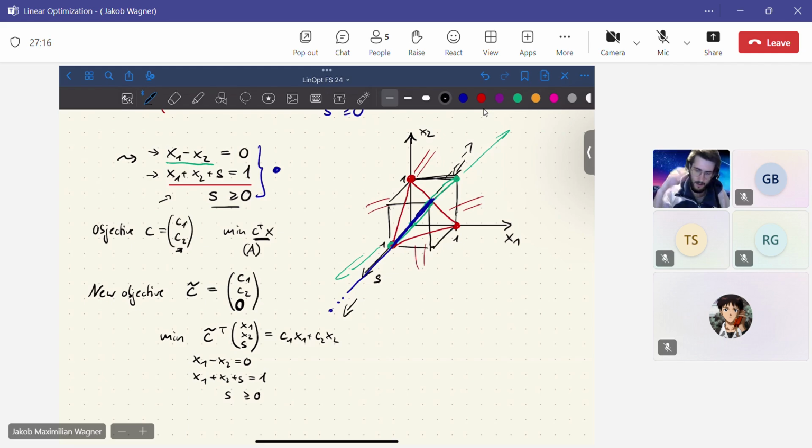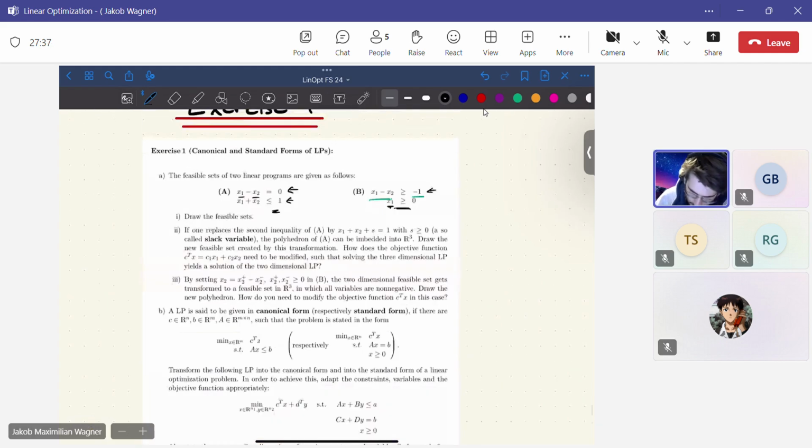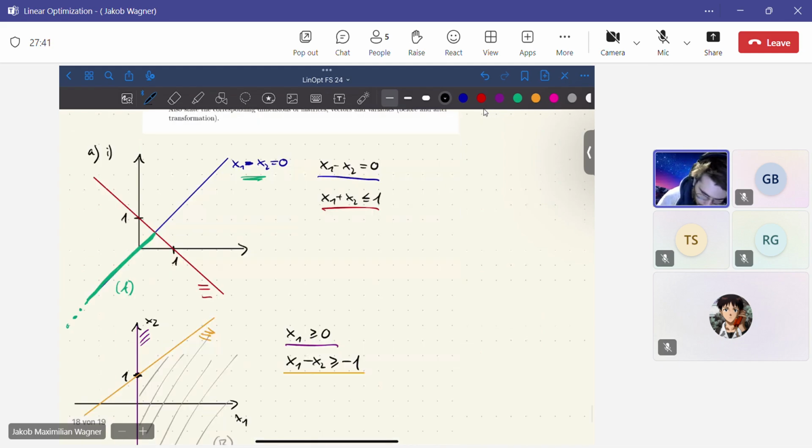And in the next exercise, we will see how we can deal with this case. So how we can rewrite one variable that has no sign constraint as two variables that have now sign constraints. And so this is the second feasible set that we want to have a look at. This is B.